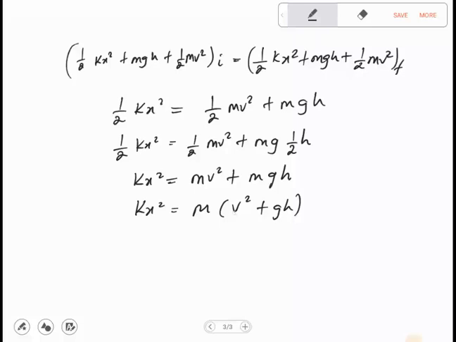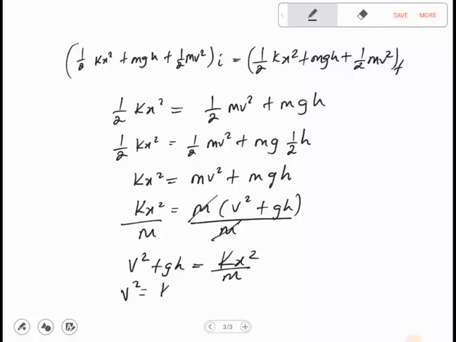We can divide. Remember, we are looking for velocity anyway. We have m there. You can divide throughout by m, and we are getting v squared plus gh equal to kx squared, you divide by m. Then we can take gh the other side. So v squared equal to kx squared divided by m minus gh, and remember there's a square there, so it's just a square root of.